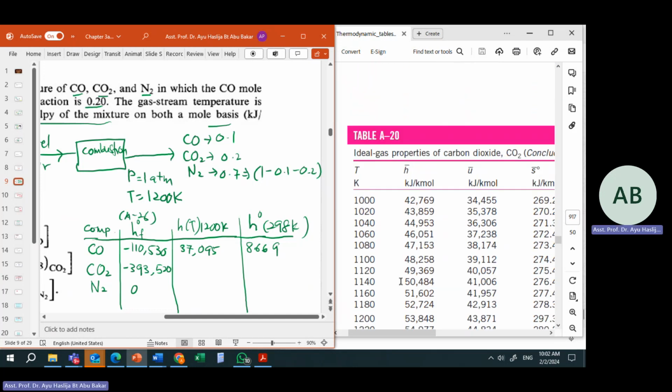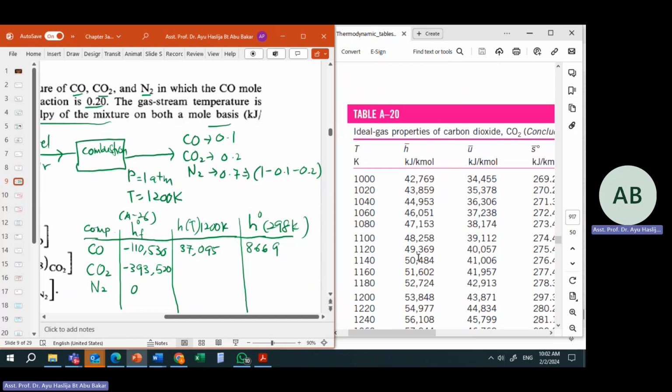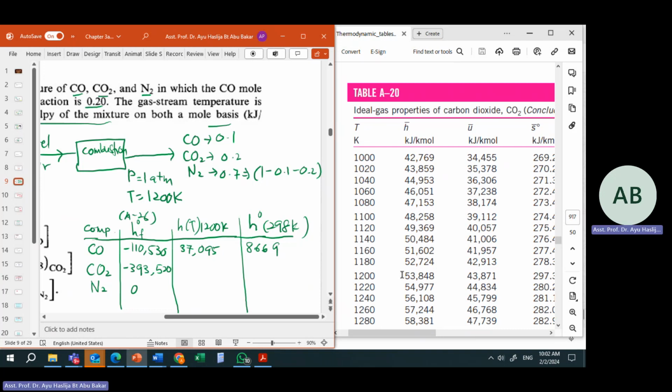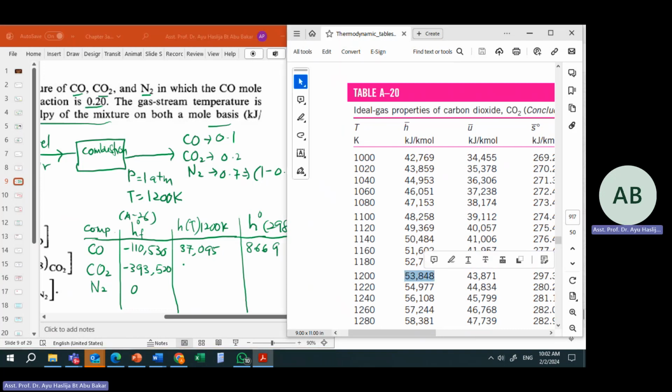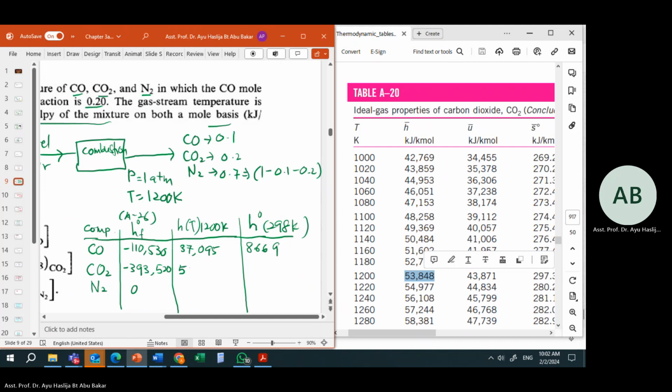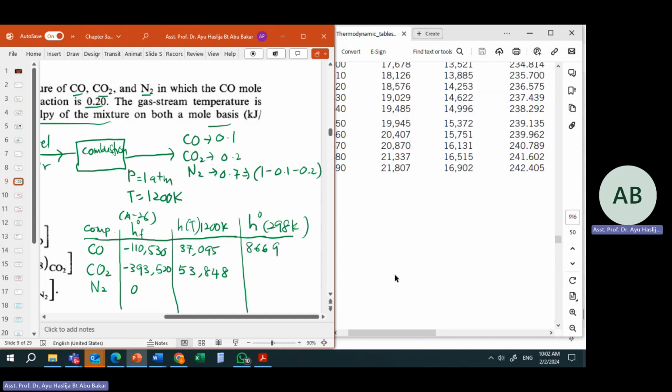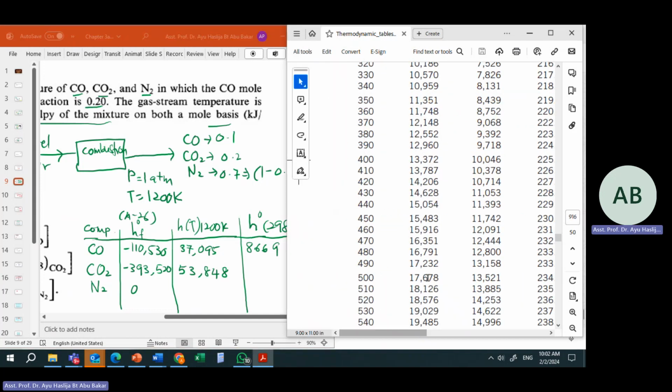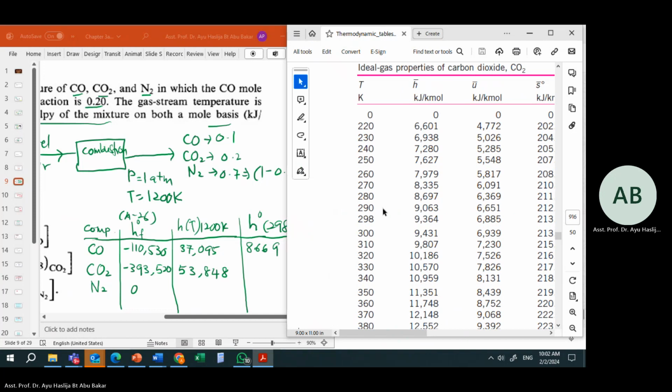Table A20. Okay, so cari 1200, which is this. Then find at 298. 9364.